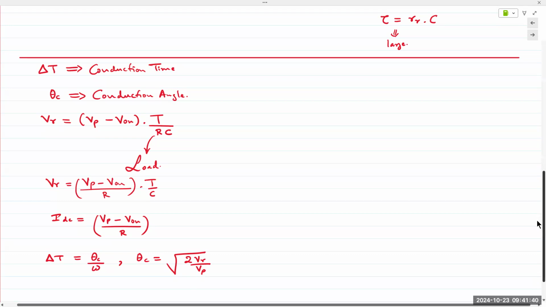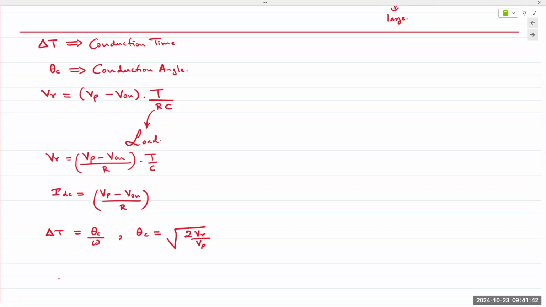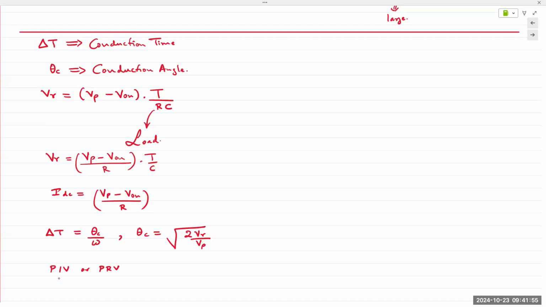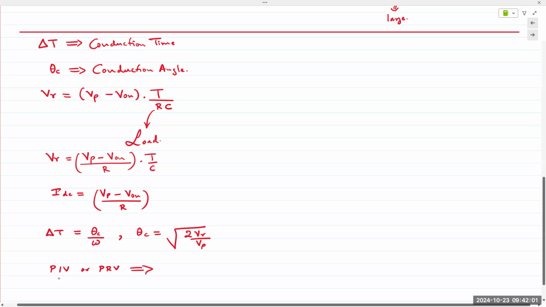There's one more term, and that is the peak inverse voltage or the peak reverse voltage. This is the voltage that a diode must be able to handle in reverse bias without breaking down or without entering the breakdown region. And for a half-wave rectifier, that needs to be approximately equal to 2 Vp.